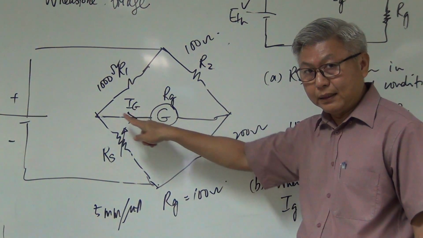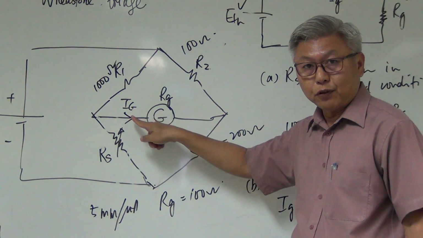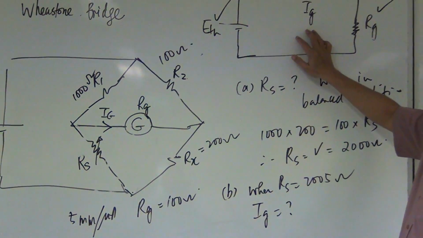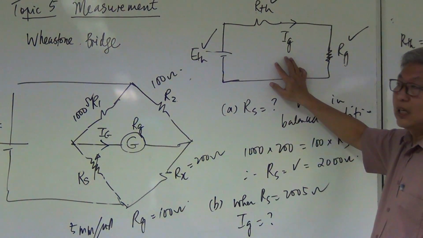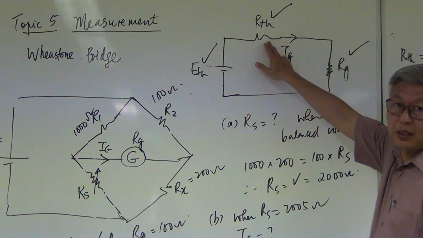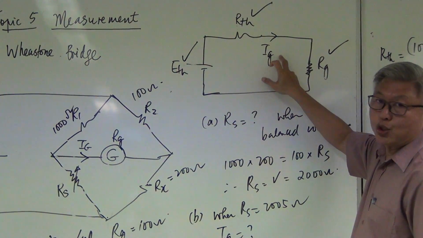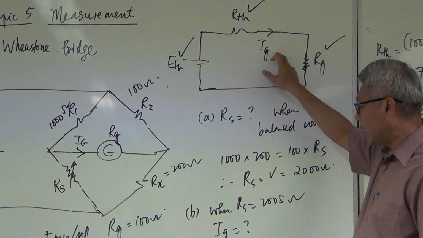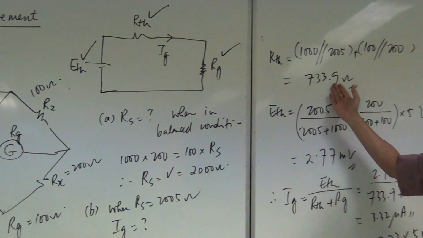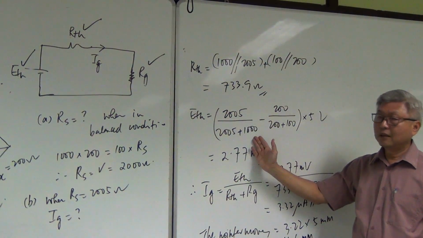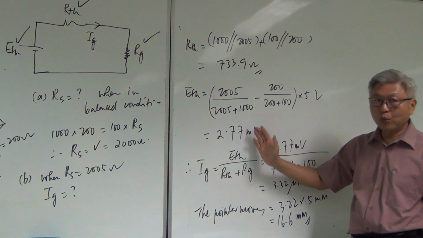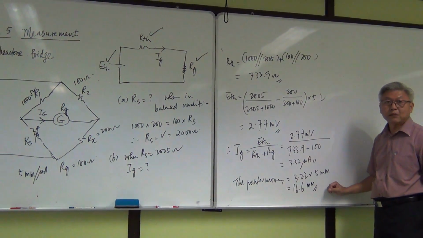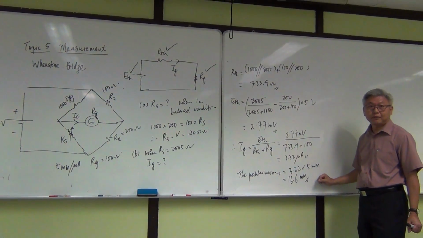When it is not balanced, there is current flow, and to solve the problem you have to come up with your Thevenin equivalent circuit, ETH and RTH, and from there you can find IG, the current through the galvanometer. Remember this method and try a few questions, and you should be able to solve most Wheatstone bridge circuit problems.